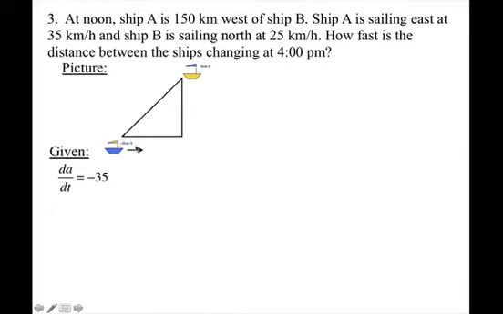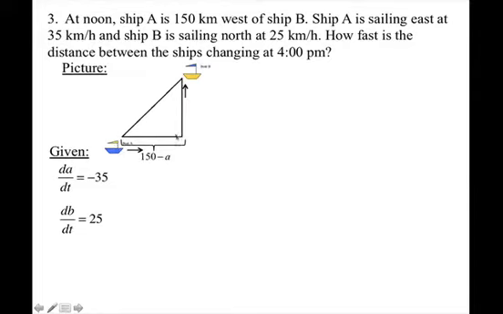And since it's sailing east, that means the distance from the starting spot is decreasing. That's why it's negative. And ship B is sailing north, so its rate is positive because it's moving away, or their distance is increasing from my starting spot, which is 25.